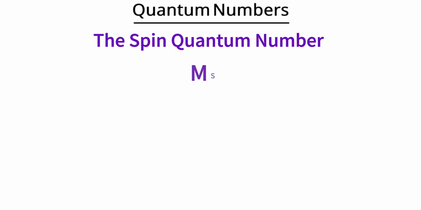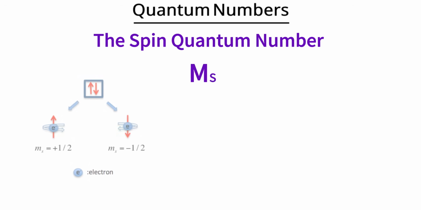The fourth and final quantum number is the spin quantum number, represented by ms. This quantum number describes the spin of an individual electron. Electrons can spin in one of 2 opposite directions. Therefore, the only possible values of ms are +1/2 and -1/2. In any practice problem, ms is always +1/2 and -1/2.